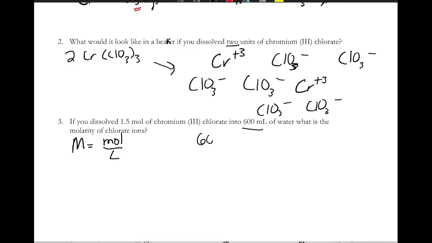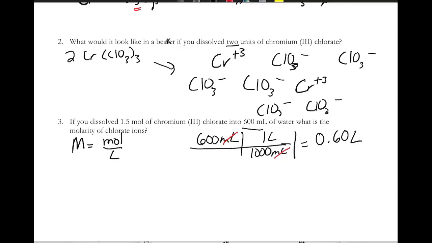So I know that I have a relationship where there are 1,000 milliliters in every 1 liter. And I can go ahead and cancel out my unit of milliliter, and I'm into my unit of liter. And that gives me 0.6 liter.